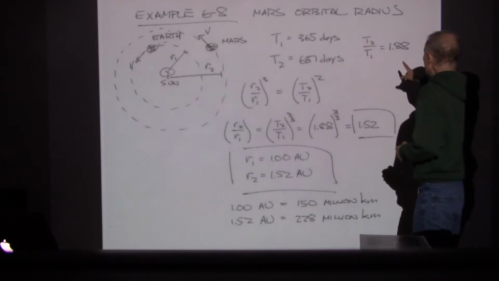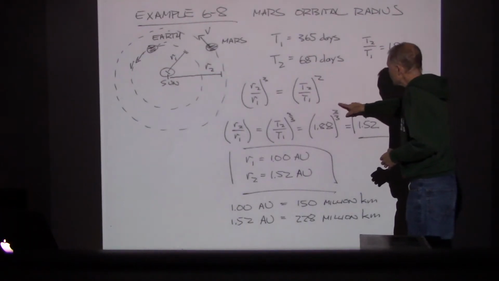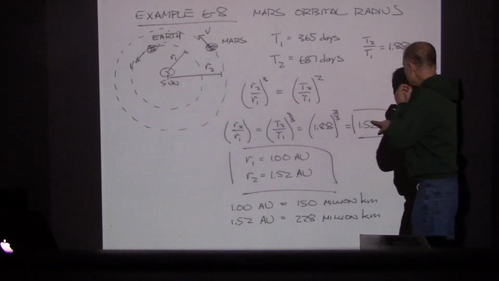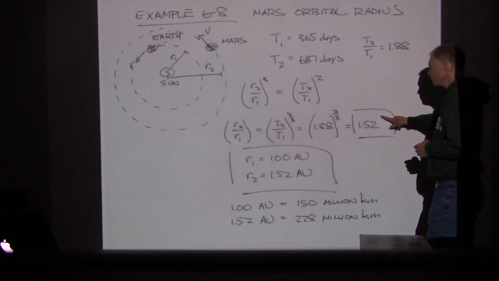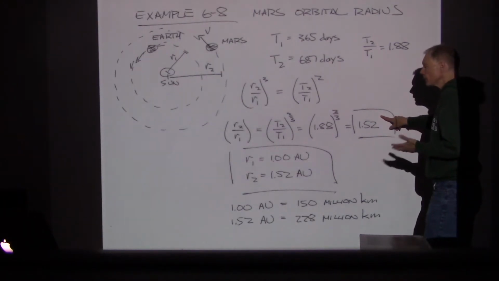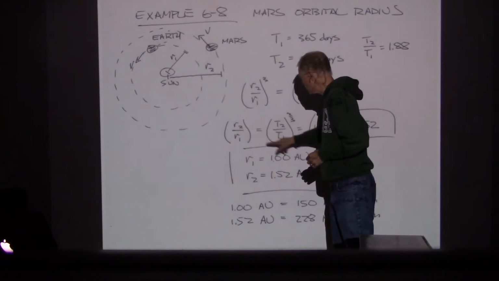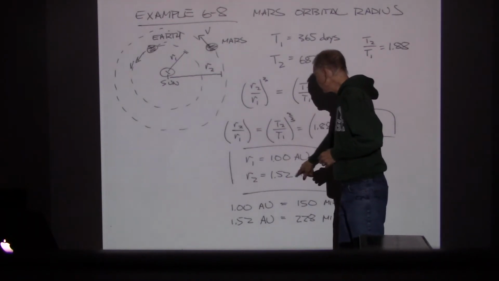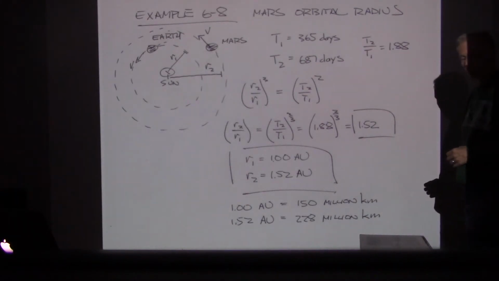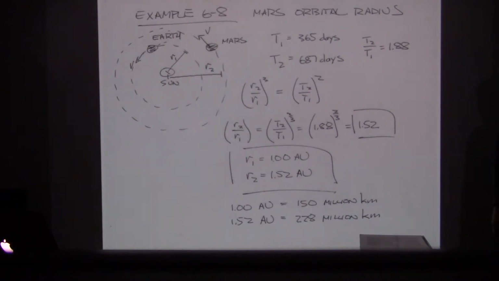So 1.88 to the 2/3 power gives us 1.52 as a ratio. And that says if Earth is considered to be 1 unit, then Mars' orbit has a radius of 1.52 units.